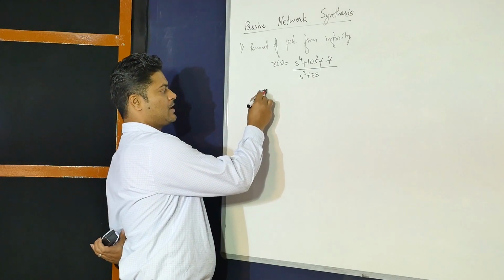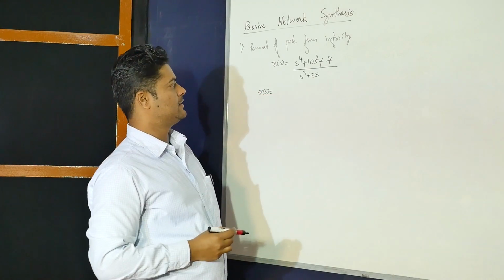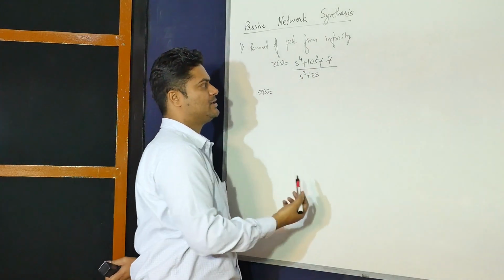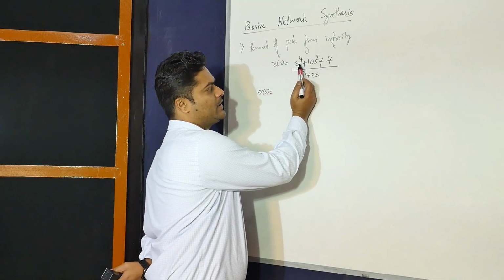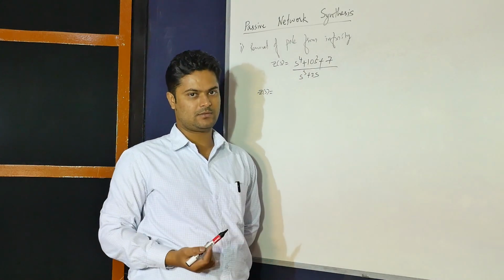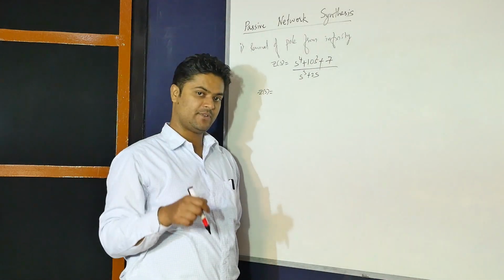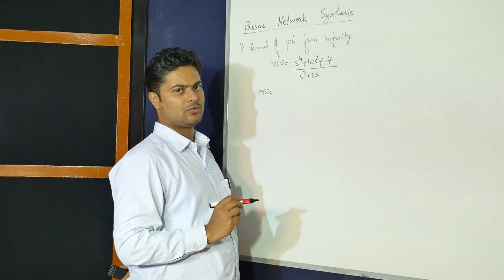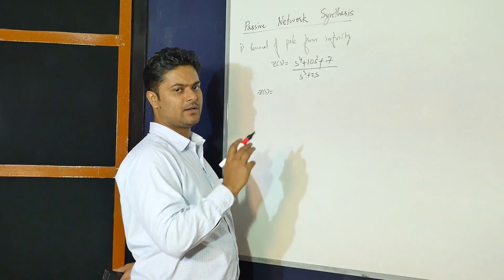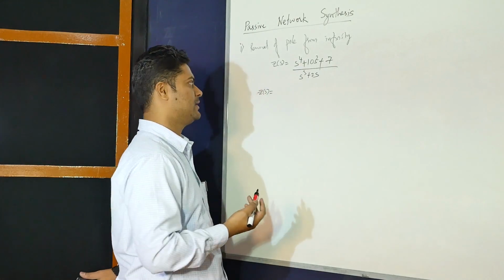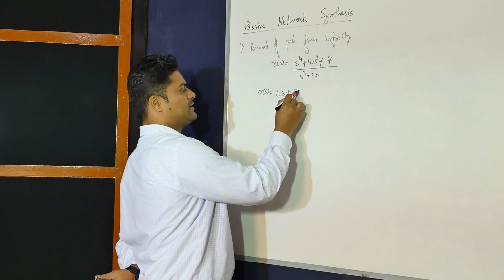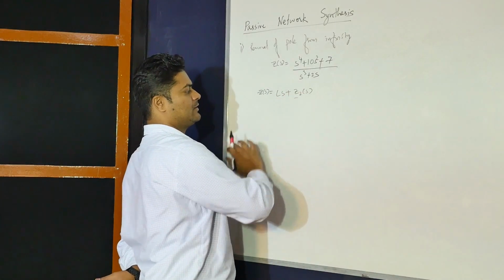From this given equation I can see that one pole is lying at the origin, but the numerator has a degree one greater than that of the denominator. So one pole has to come from infinity. That's the priority. So we will have a series inductor, by inspection only, so we have something of the order Ls plus z2 of s.